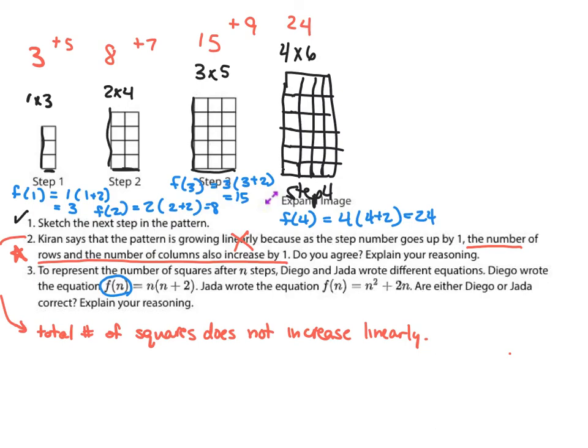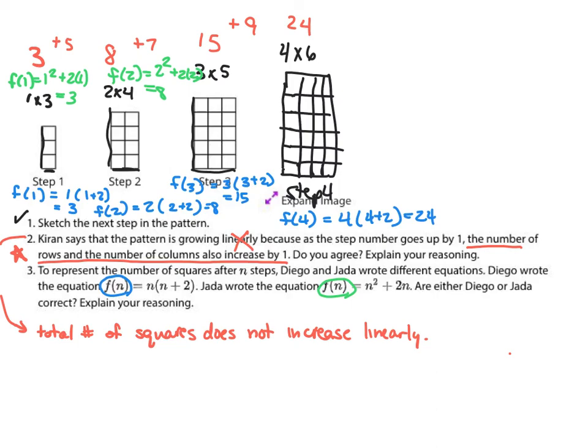Let's try the other equation in green. N squared plus 2n. So for step 1, 1 squared plus 2 times 1 is 3. F of 2 is 2 squared plus 2 times 2. 2 times 2 is 4, plus 4 is 8.